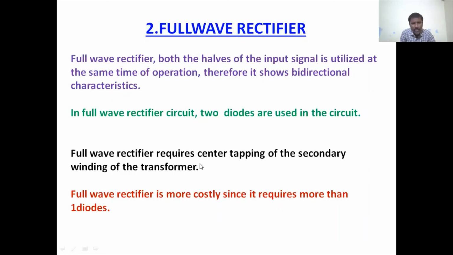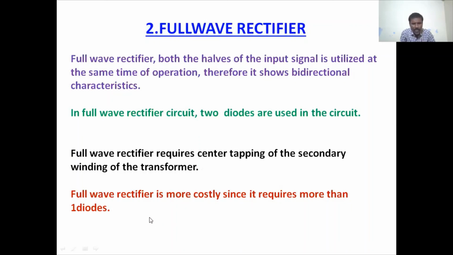Because the center tapped secondary winding allows positive and negative half cycles to flow from this secondary winding of the transformer. So once a positive half cycle reaches D1, at the same time the negative half cycle converts into positive and reaches D2.